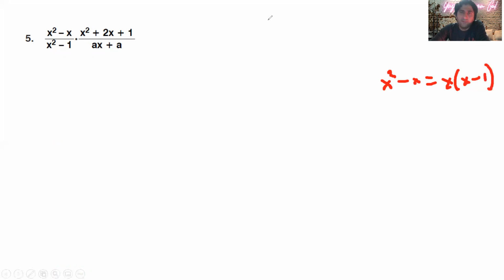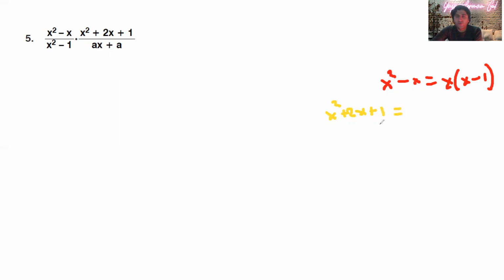Then I have x squared plus 2x plus 1. This is a trinomial. 1 times 1 gives 1. So I'm going to say x squared plus 2x plus 1 equals, because we said this is a trinomial, let me write this nicely, plus 1.